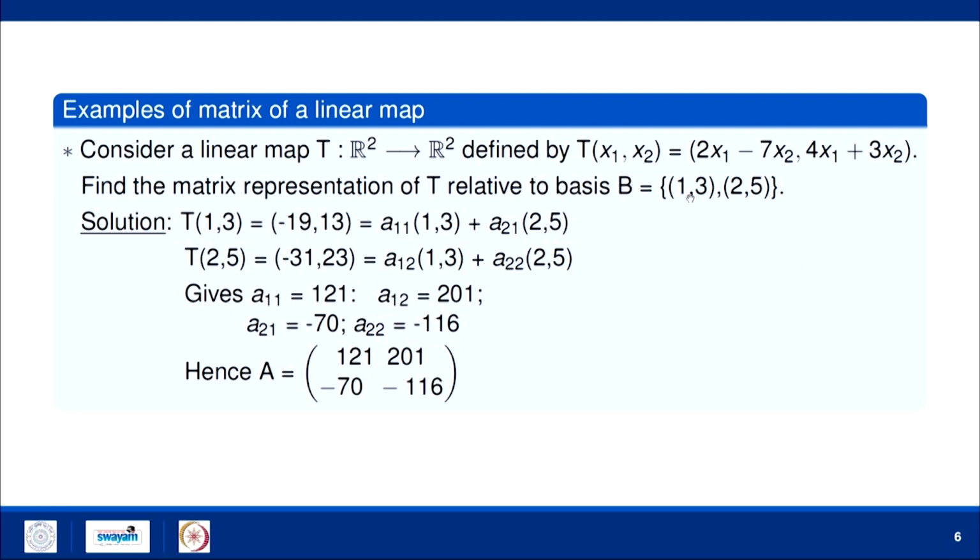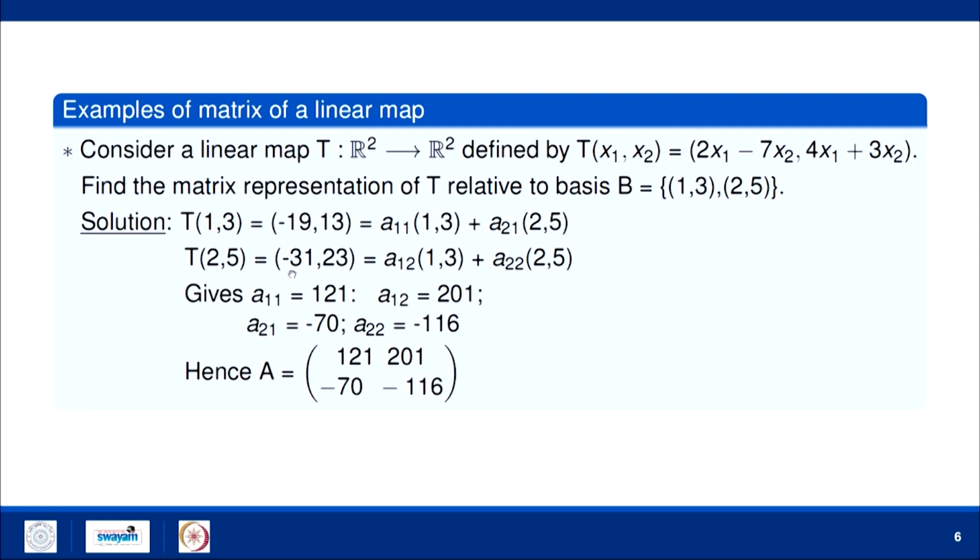So, first I will check the image of (1, 3) under T. T of (1, 3) will become (minus 19, 13). Now, I will write this vector as a linear combination of the basis vectors of R2. Here the bases are the same for both vector spaces; it may be different in some examples. So, a11 (1, 3) plus a21 (2, 5). It will give the first column of the associated matrix A.